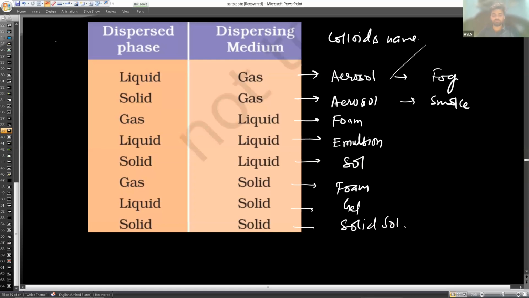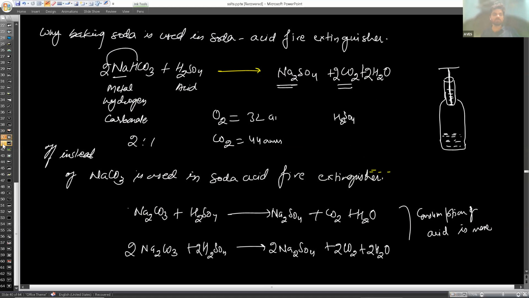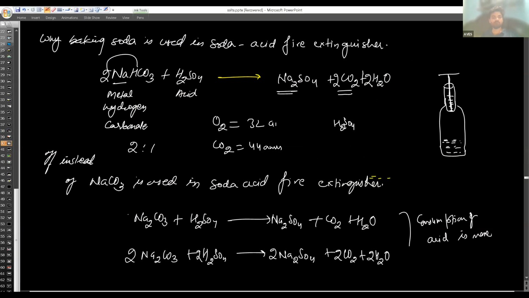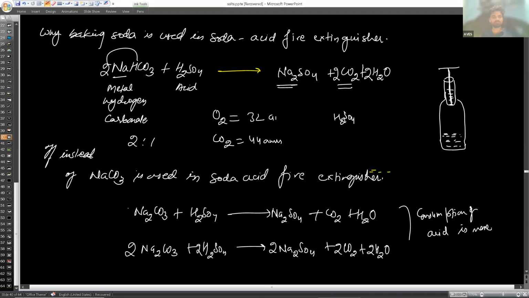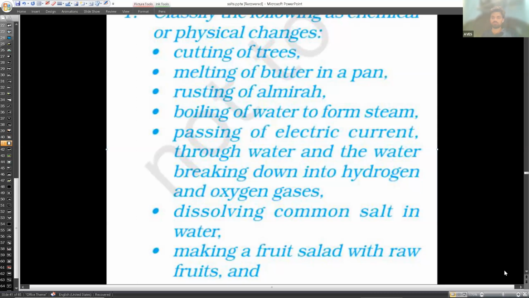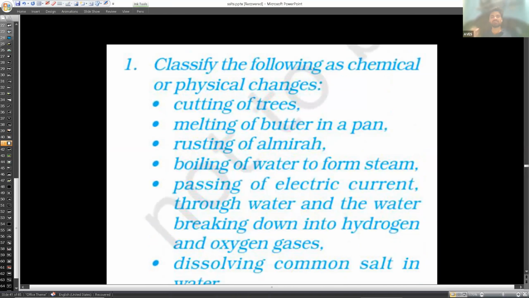Just a minute. Okay. Next question. Here we have: classify the following change as physical change or chemical change.